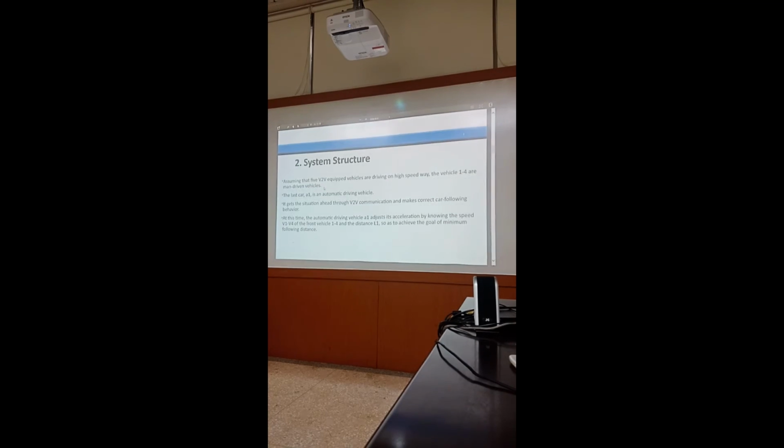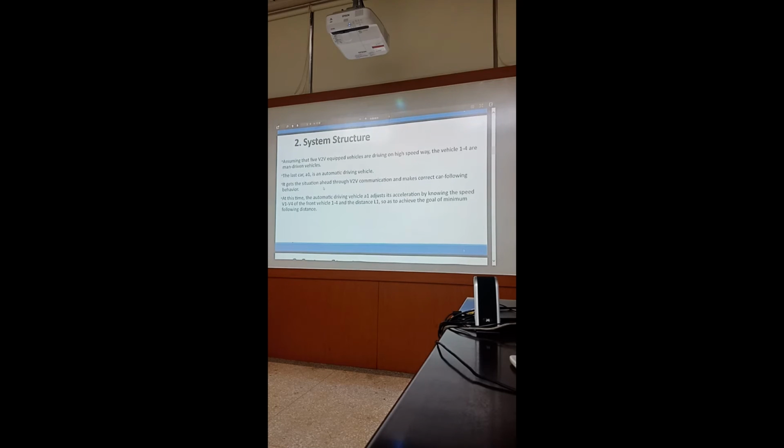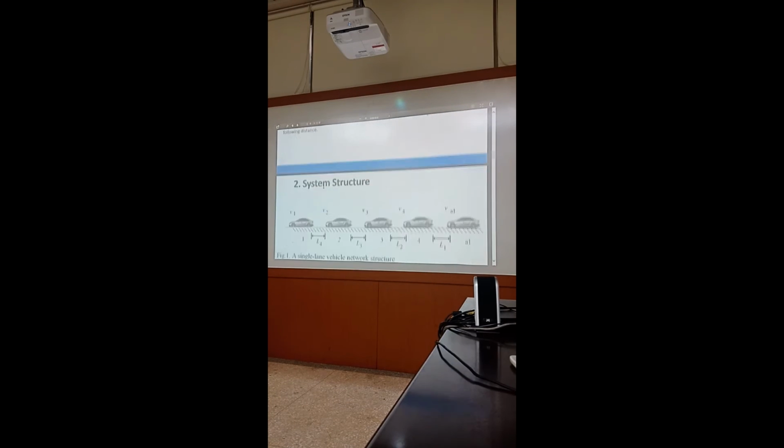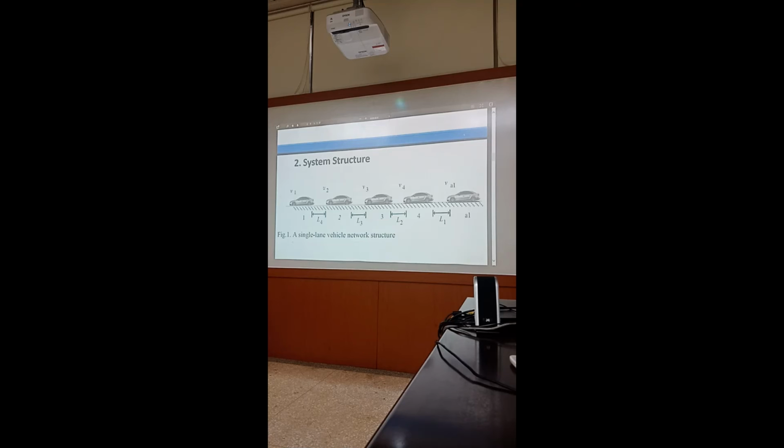And then this is the system structure. The paper builds a simulation like this. This is the figure of the network structure in this paper. They use a total of five cars in their simulation, and vehicle number 1 to vehicle number 4 are human driving vehicles, manually driven by humans.